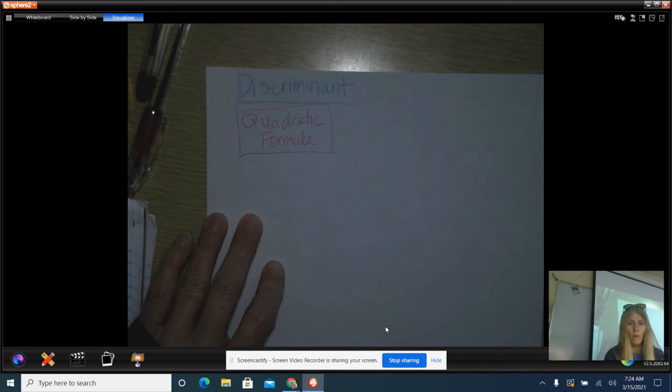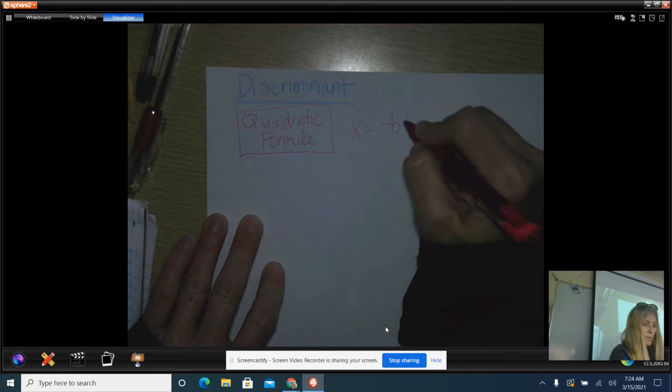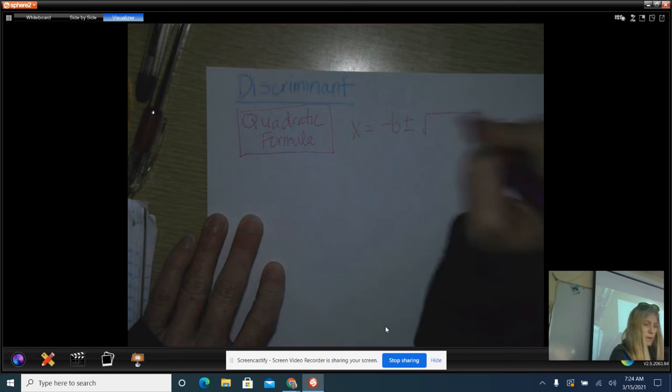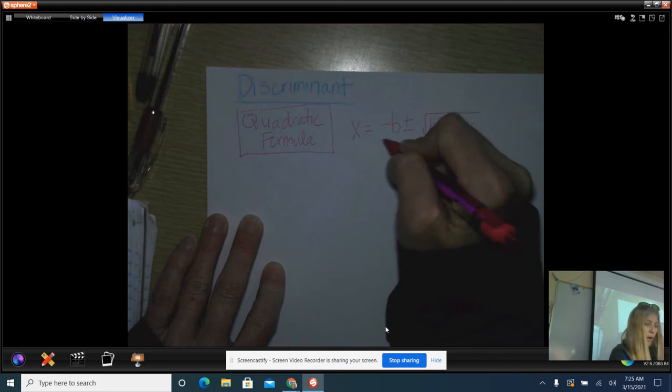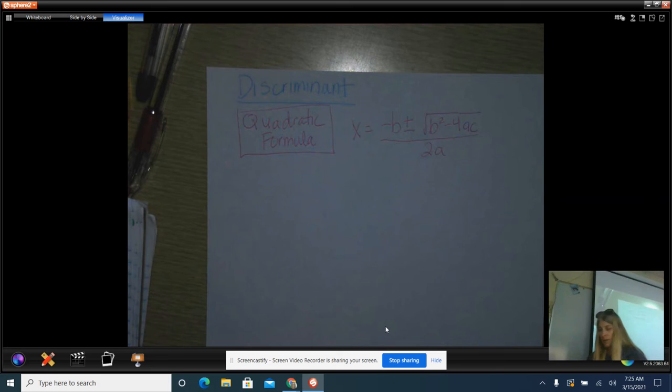As you know, the quadratic formula is x is equal to negative b plus or minus the square root of b squared minus 4ac all divided by 2a. And as you can tell, once we have our equation in standard form, we're going to take out our a, our b, and our c and fill them into those spots and solve for the roots.